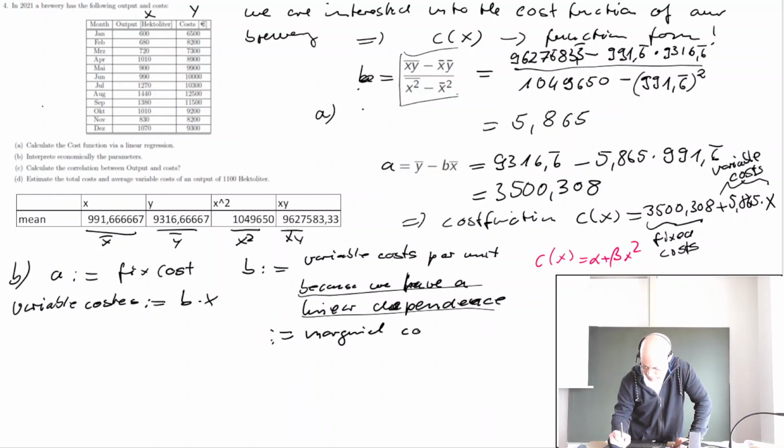Marginal costs are nothing else than the first derivative, and the first derivative of c of x is then just b.